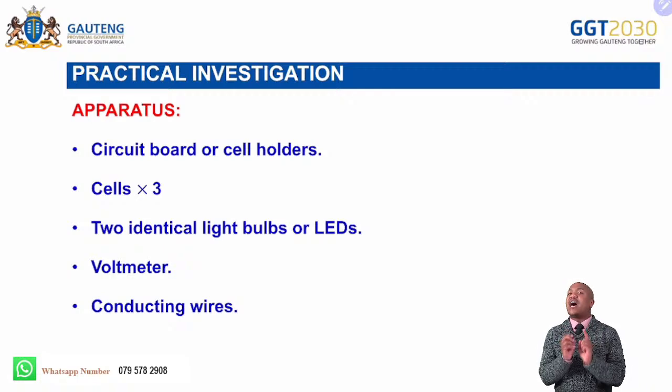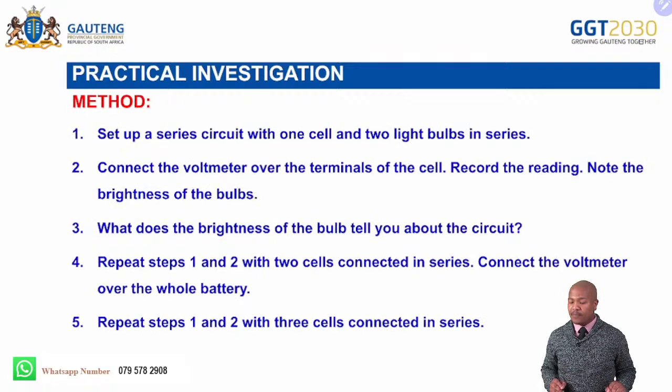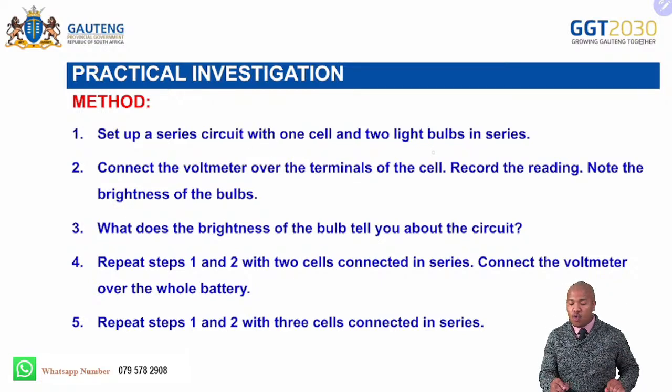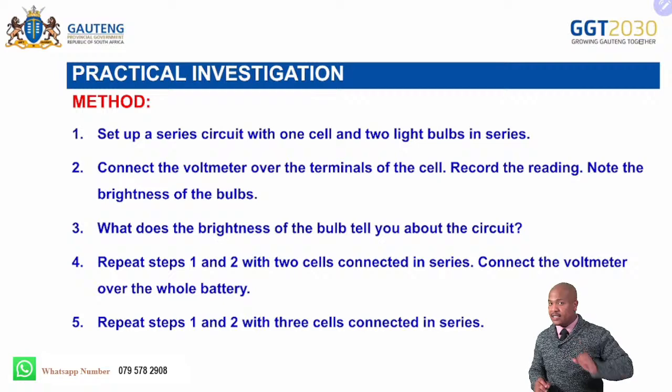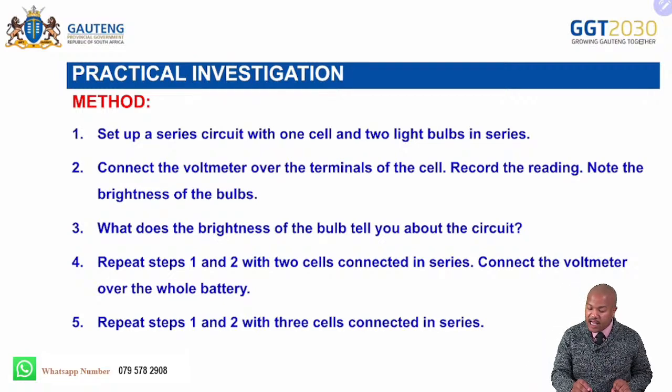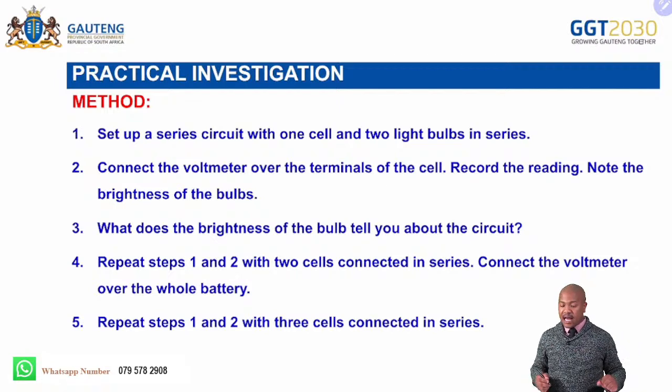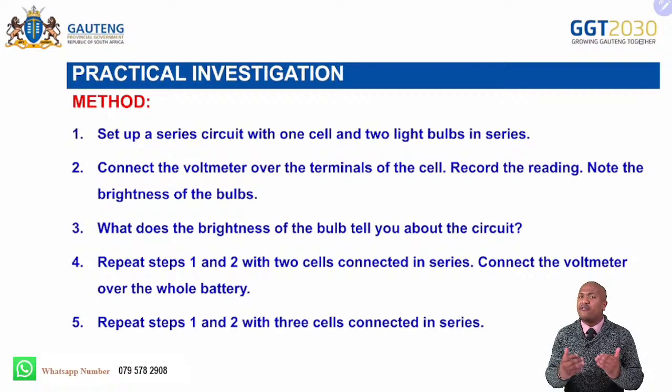So how are we going to do that? The method. Firstly, we're going to set up a series circuit with 1 cell and 2 light bulbs in series. Secondly, we're going to connect the voltmeter over the terminals of the cell and record the reading. Then note the brightness of the bulbs.